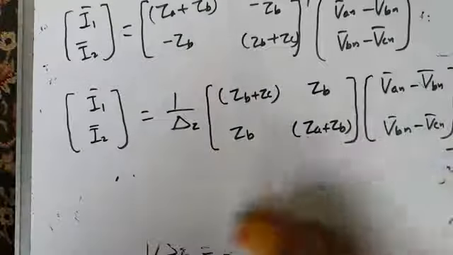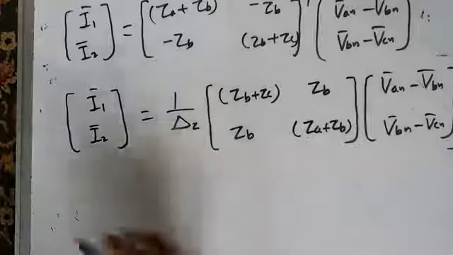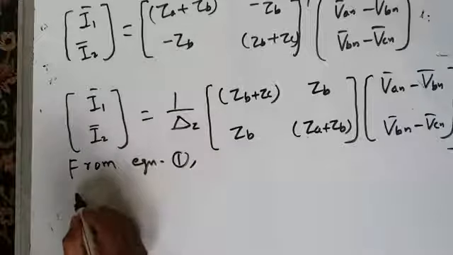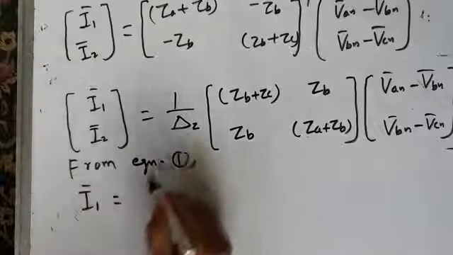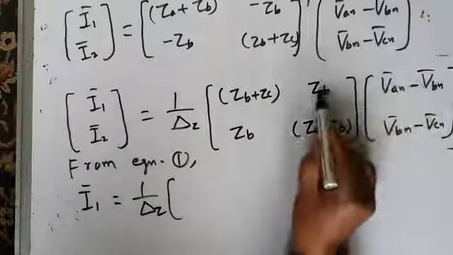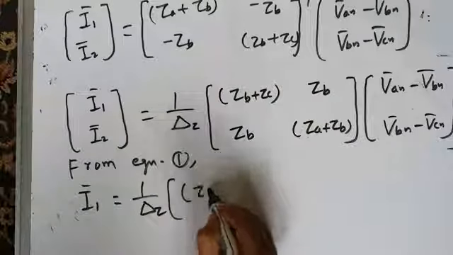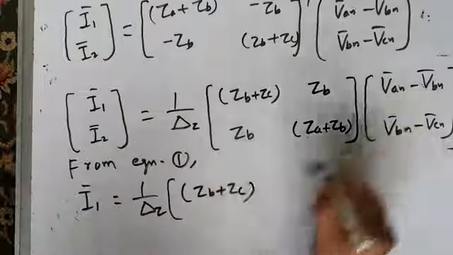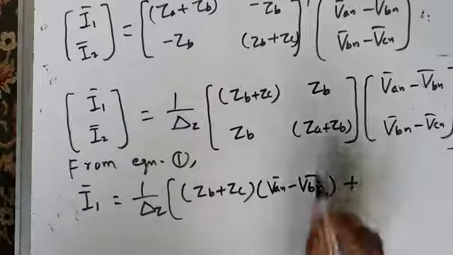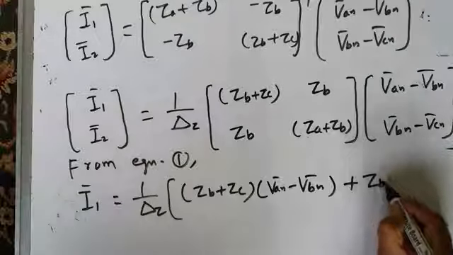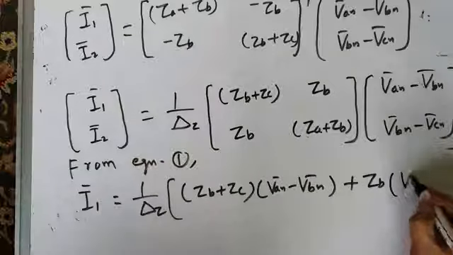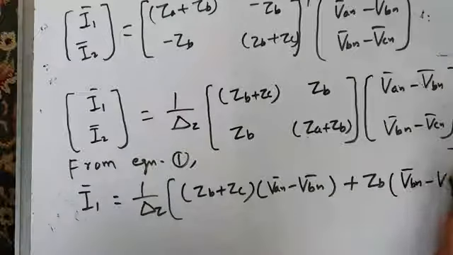Let us from equation 1 try to find out these currents. So from equation 1, what is mesh current I1? It is 1 by delta Z times this thing, this into this plus this into this. So this is ZB plus ZC into VAN minus VBN plus ZB into VBN minus VCN.